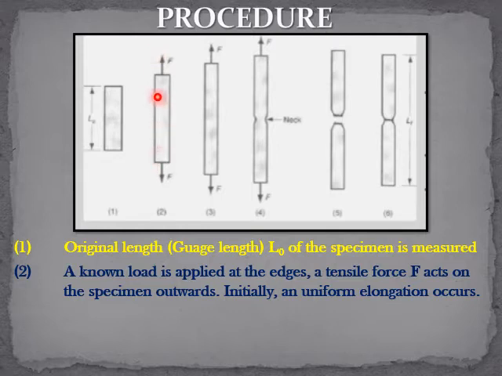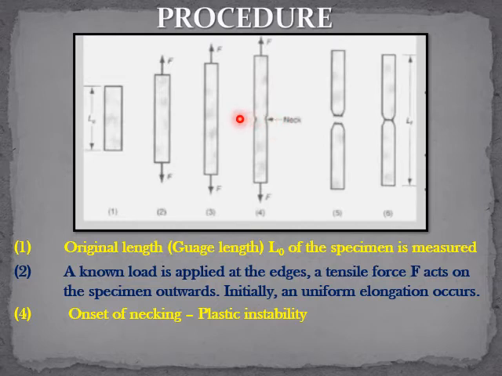As a result, elongation of the specimen takes place uniformly. When the load is increased, the specimen elongates more with reduction in the cross-sectional area. With further increase in the load, at a particular point, necking begins.